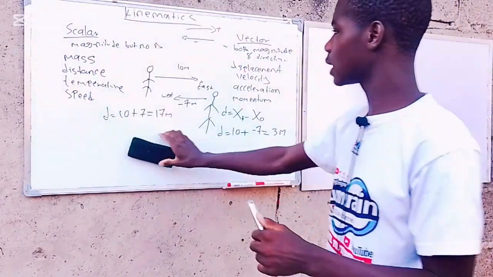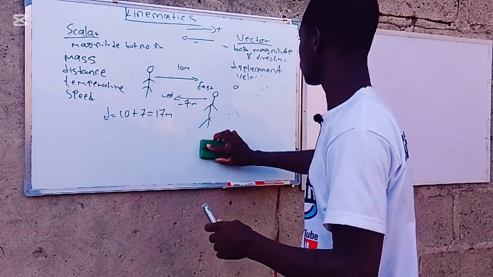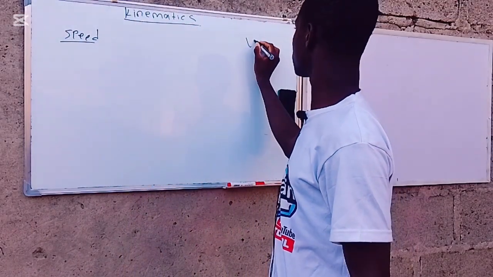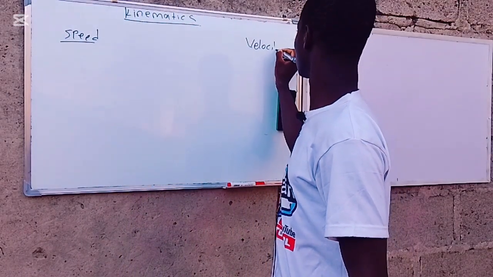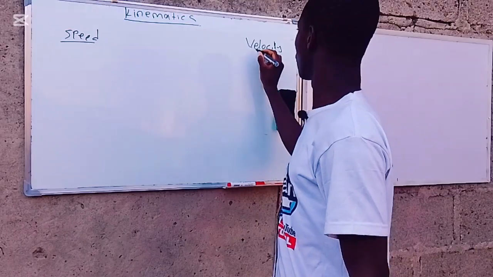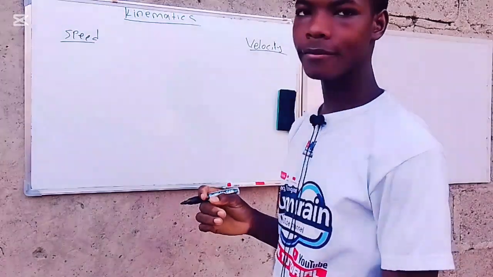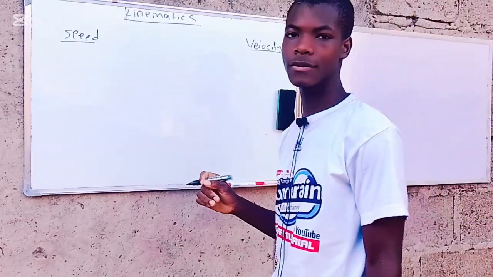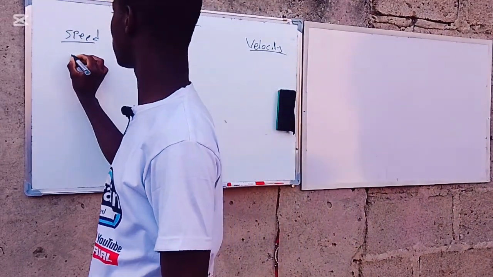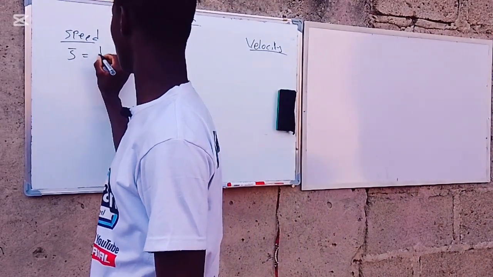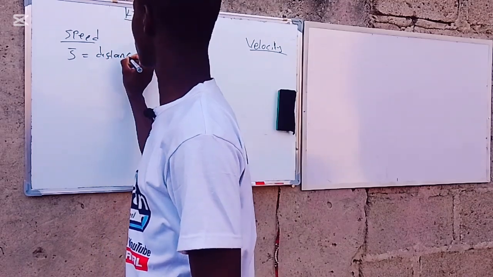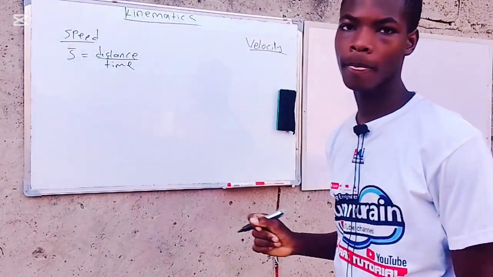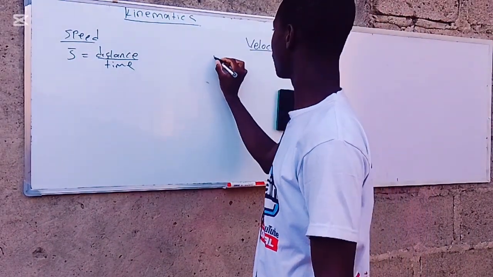The next thing I need you to know is the difference between speed and velocity. We have instantaneous speed and average speed. Average speed is distance over time.